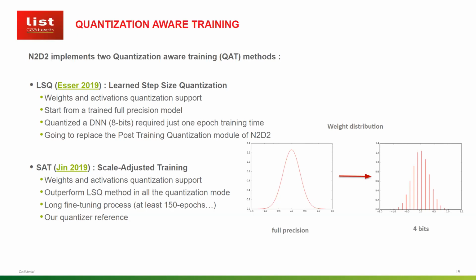So if your network has many more parameters, the process would be prohibitively long in order to quantize it. So for the moment, it's our quantization reference, but I think we would have to find a compromise between those two methods and between the time of the quantization and the result we want to get. So we can move to the next slide.